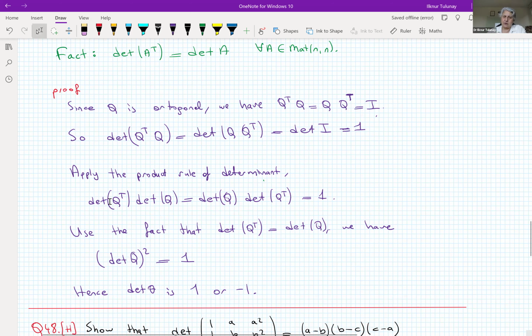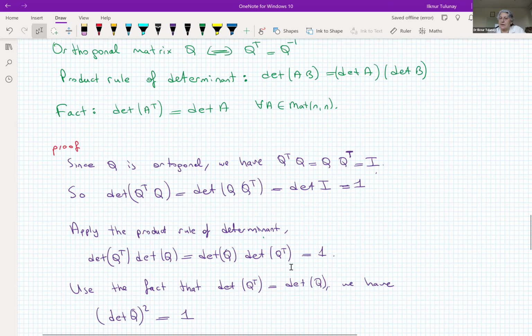This is the determinant of Q and the determinant of Q. So the determinant of Q squared is equal to 1. It means that the determinant of Q is the square root of 1, which could be 1 or minus 1. That's all we need to prove. That's all we are required to prove for this question. I think that's enough to say. Okay.